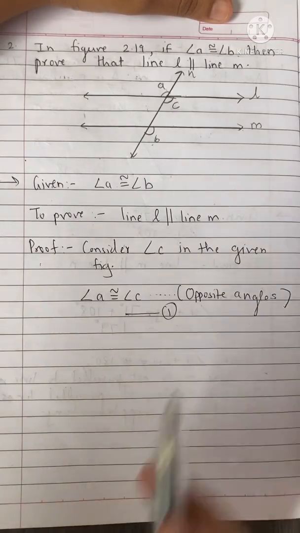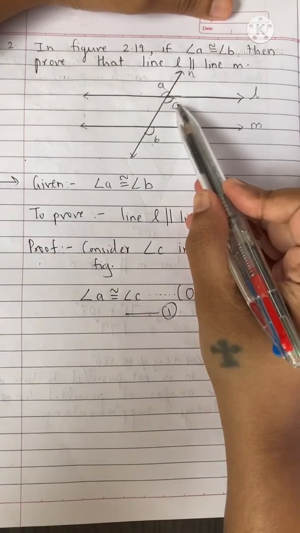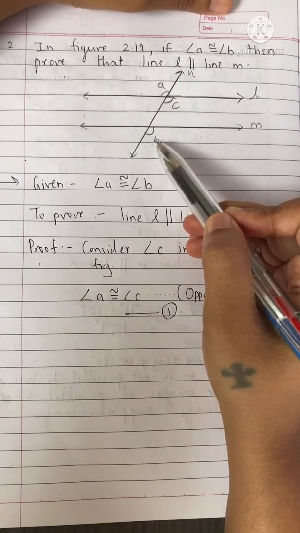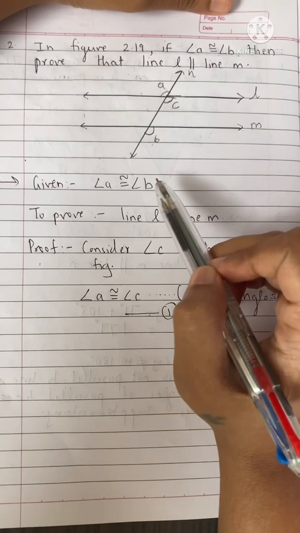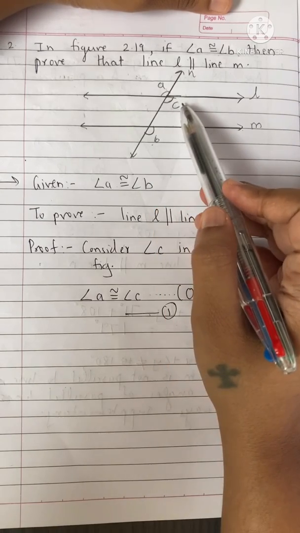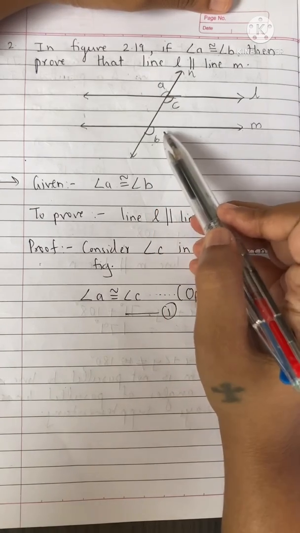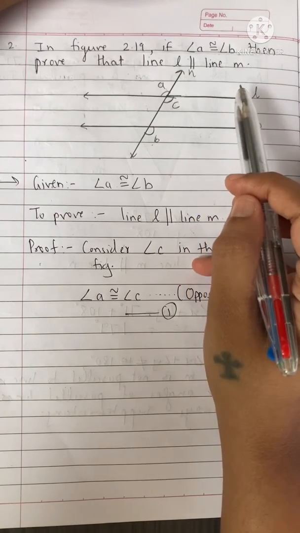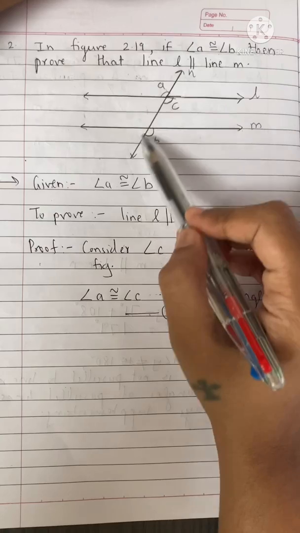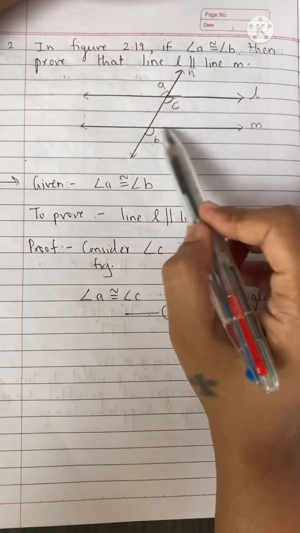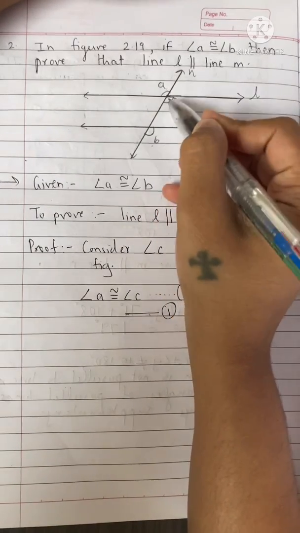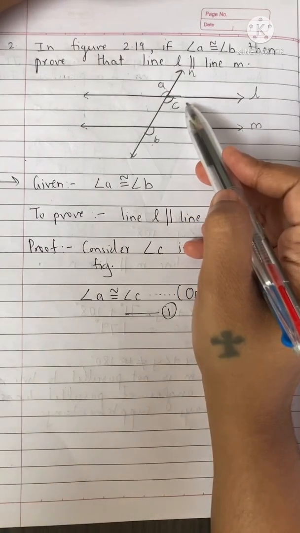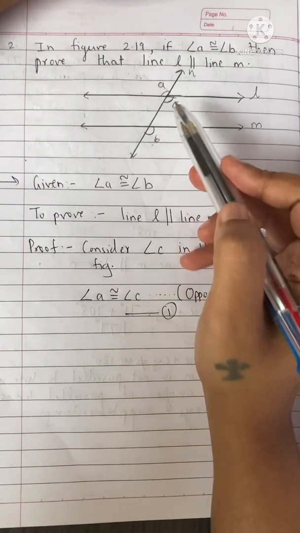Okay, now can you see, after we take angle C also, angle C is not equal to angle B, but angle B and angle C make a letter, which is letter F, proper F. You can see here, both these angles make letter F. So angle B and angle C form which pair of angles? Yes.